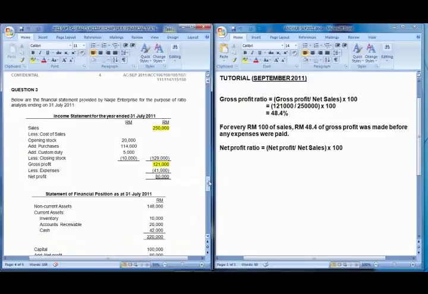So the value for the net profit is already given in the income statement, which, we can see here, is 80,000 ringgit. So just substitute it into the formula, and the value of net sales is given also, 250,000. Remember, the value for the net sales is always the same.